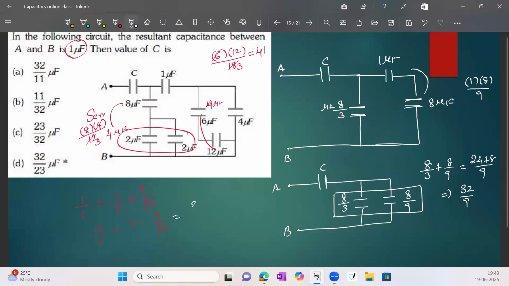So it becomes 32 minus 9 by 32. 32 minus 9, it becomes 23 by 32. So everything is in microfarad. So the answer is 23 by 32 microfarad.